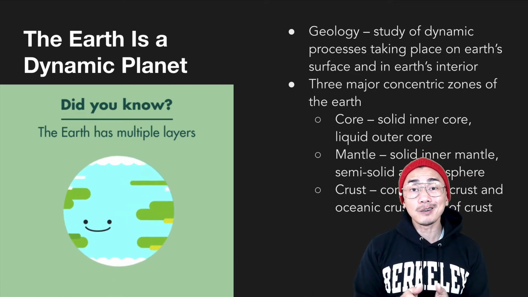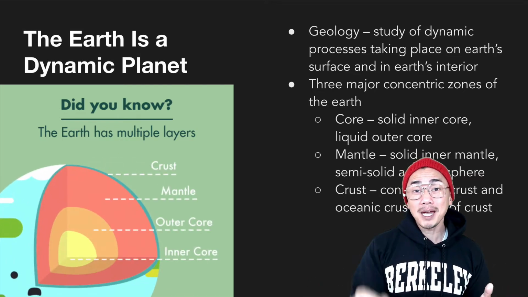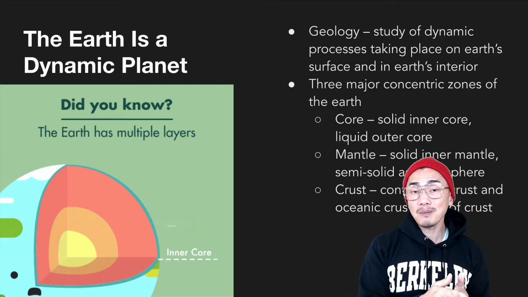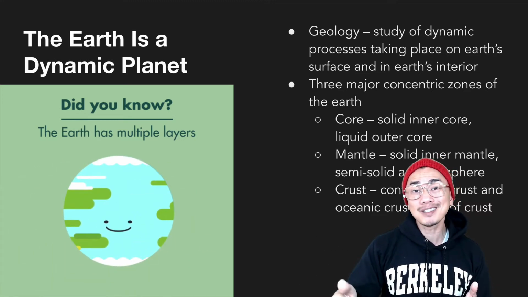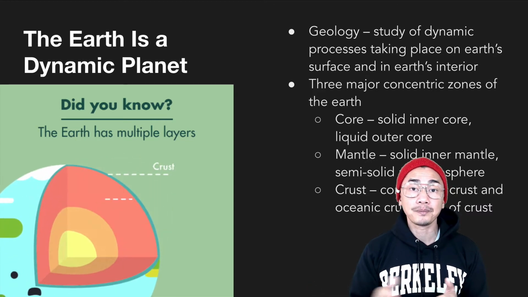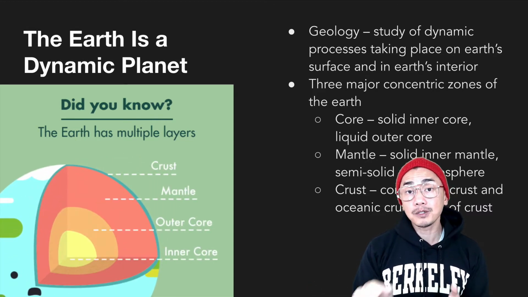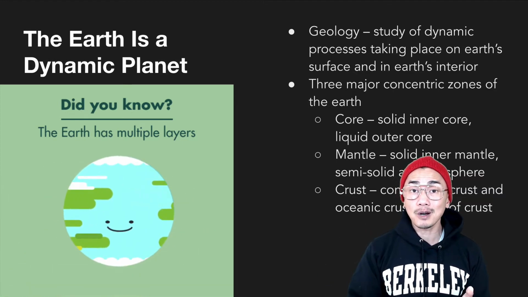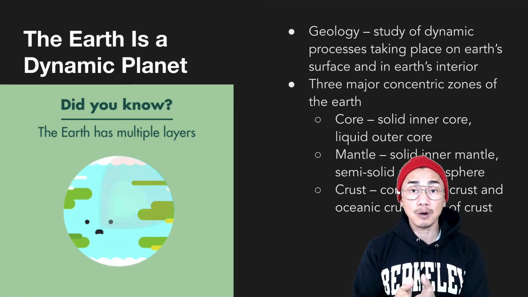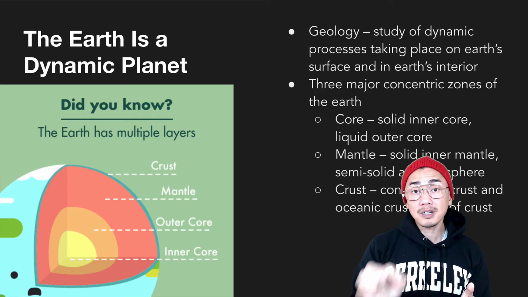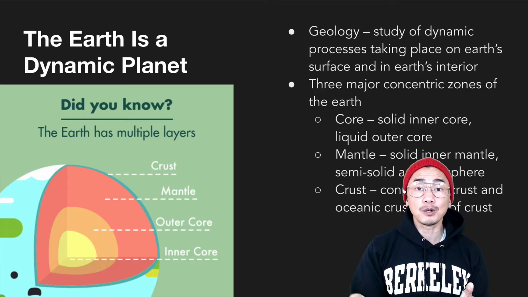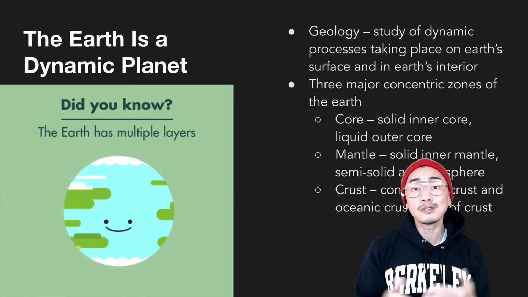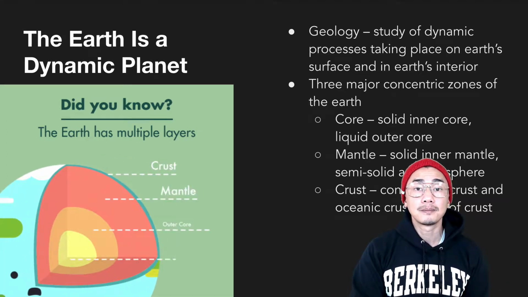The second layer is the mantle, and the mantle is made up of a solid inner mantle and semi-solid or partially melted asthenosphere. The outermost layer is the crust, and the crust is made up of the continental crust and the oceanic crust. Because oceans cover about 70% of the Earth's surface, about 71% of the crust is oceanic crust.